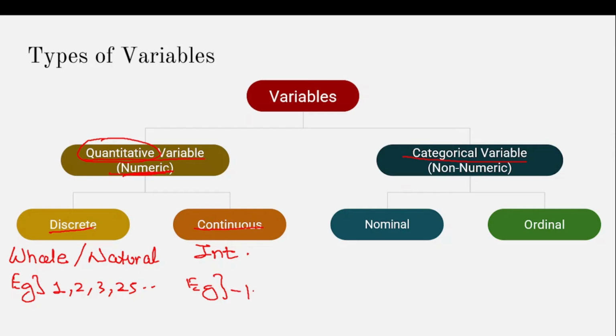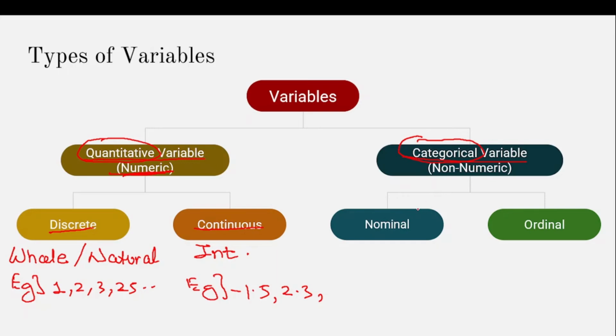For example, minus 1.5, 2.3, or any number between these values as well will be a continuous variable. Moving ahead to categorical variables. As the name suggests, categorical itself represents some category. So we can take an example such as the color of a shirt or economic classes like middle class, upper middle class, rich, poor. So that represents some category.